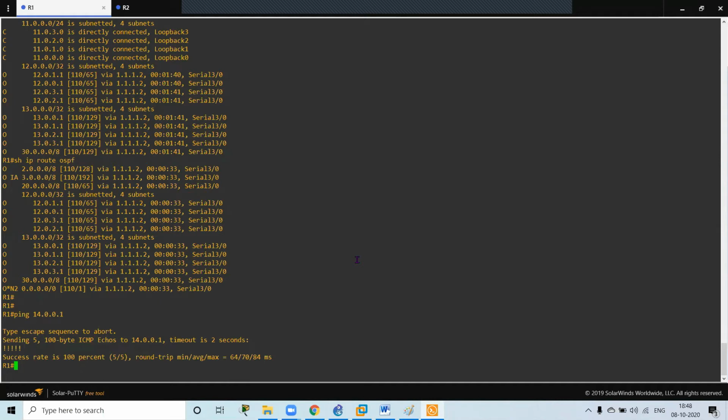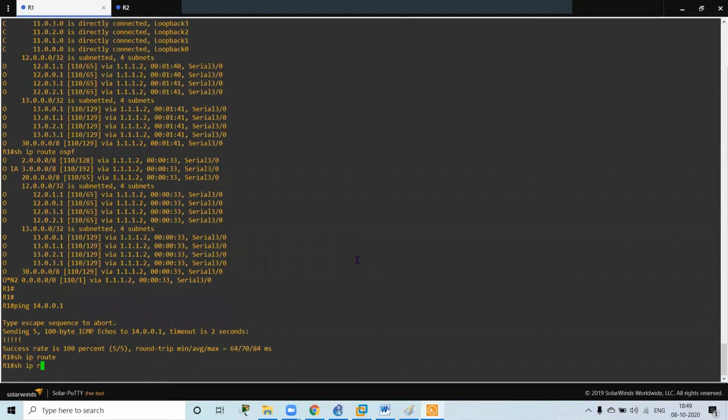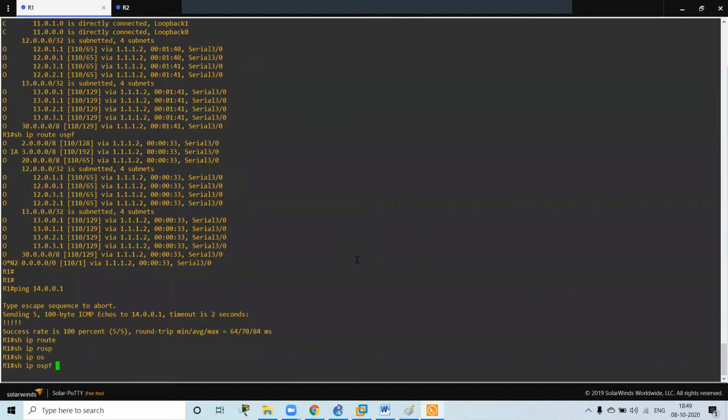Sorry, I know I'm asking a lot of the same questions again. I don't understand what the O star N2 means in show IP route. I understand it's the default route to the external.